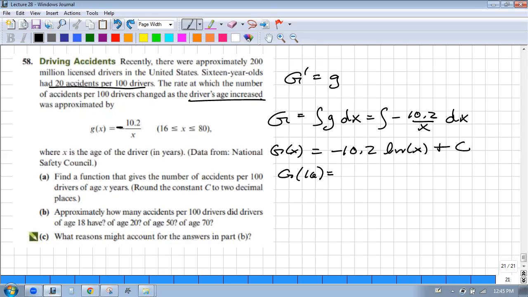All right, this one's going to require some thought. So let's see. What is G? G, the ones that had accidents? Yeah, so G would be the number of drivers that had accidents.